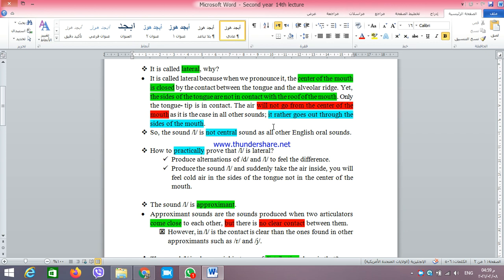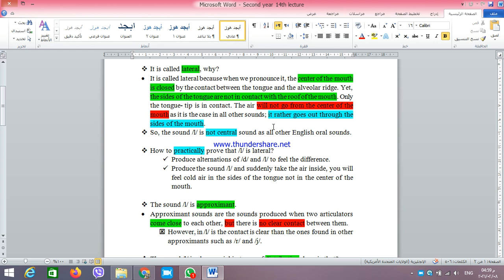In all these sounds, the air passes out through the oral cavity and more specifically from the center of the mouth. The only sound that is produced when the air does not go out through the center of the mouth is the sound la. So why do we have this non-central air flow?